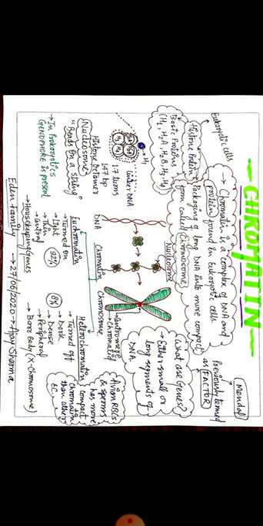It is the structure after the supercoiling of DNA and before the structure of the chromosome, or you can say the middle stage in this journey.